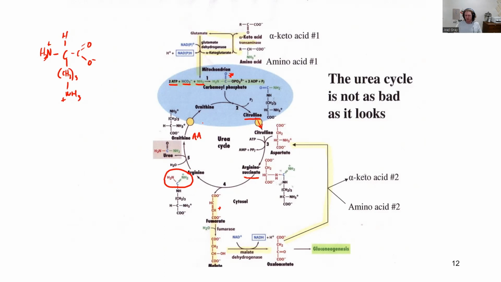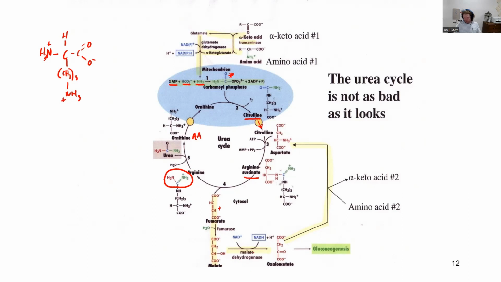Okay, so ornithine can be transported back into the mitochondria, where it is then combined with carbonyl phosphate to make citrulline. Citrulline plus aspartate yields arginosuccinate. Arginosuccinase is going to give us arginine and fumarate. That fumarate can then be metabolized into malate. Malate dehydrogenase can take malate to produce oxaloacetate.